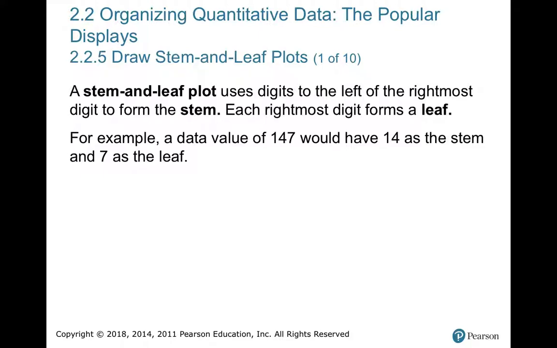So another way of saying that is the number all the way on the right is the leaf, and everything else is the stem. So in 147, your leaf must be a single digit. So 7 is the leaf, and everything else has to be the stem, no matter how many digits it is. So 14 would be the stem.